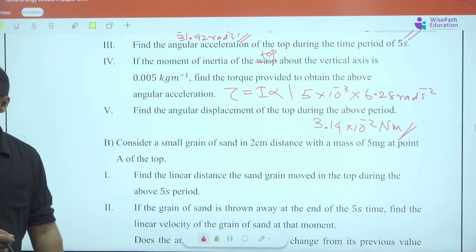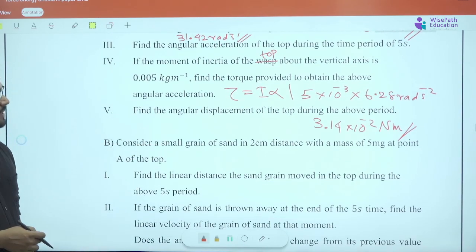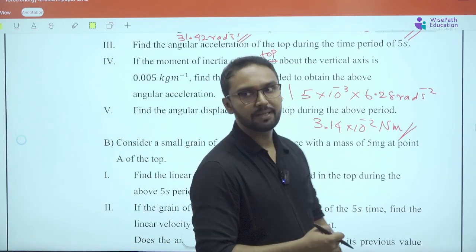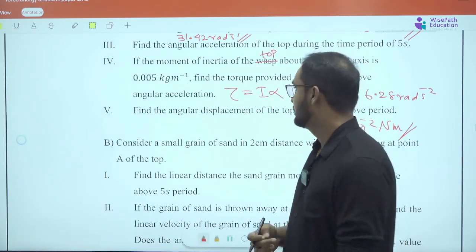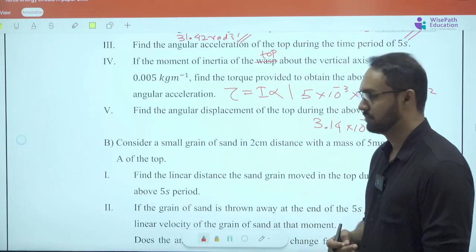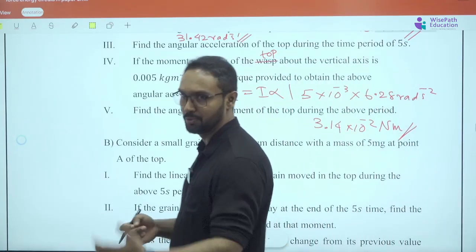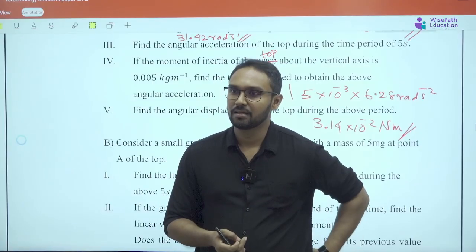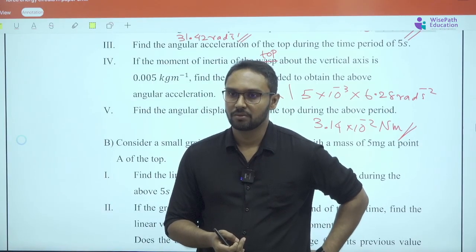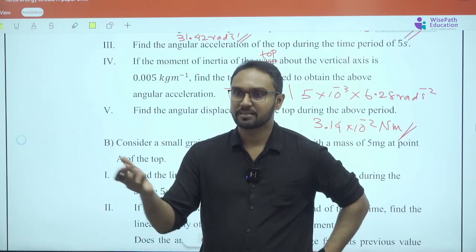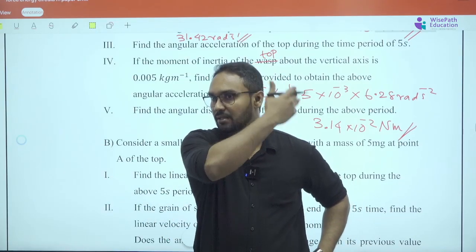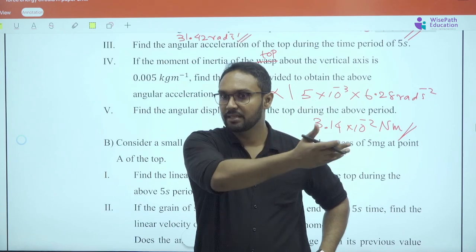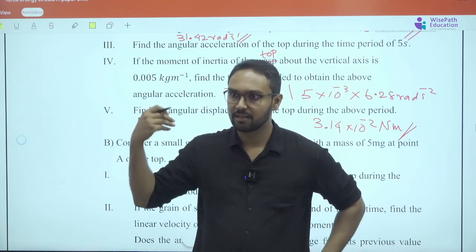Okay, fifth question. Find the angular displacement of the top during the above period. So angular displacement. It's the same as the questions we did in linear motion, finding the displacement, the vertical height.